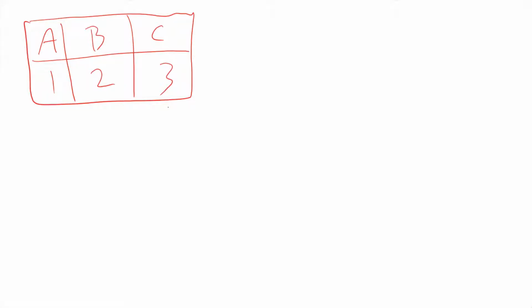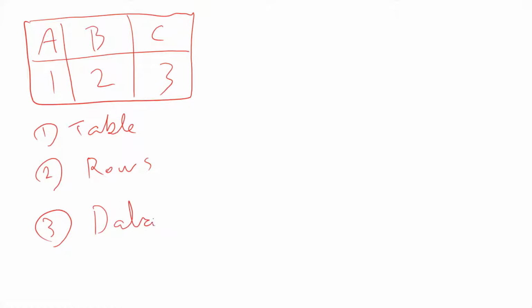The first step, if you remember, I'll type the steps here again: to create the table, to create the rows, to create data cells. Okay, so the first step, creating a table in HTML, is done by using the tag table.